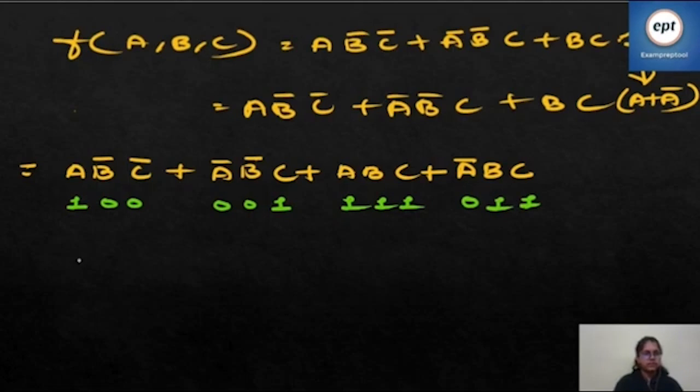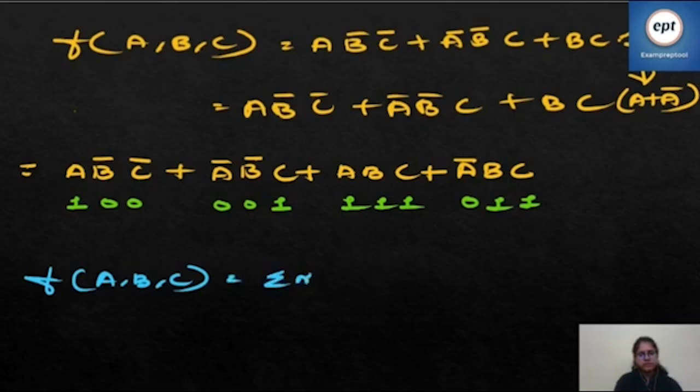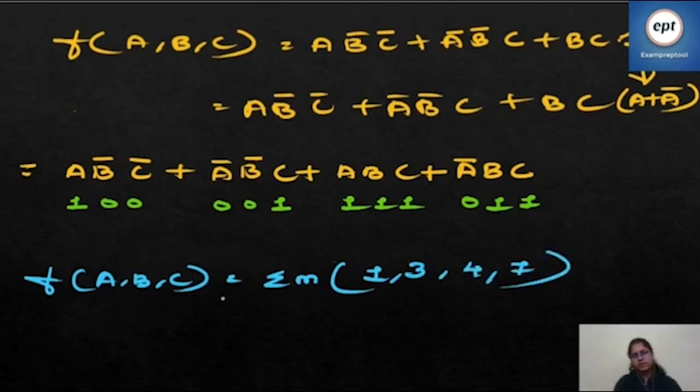So what are the min term values we will get here? F of A, B, C. This will be 1, again the value will be 3, the value we will get is 4 also, and 7. So these are the min term values we will get.